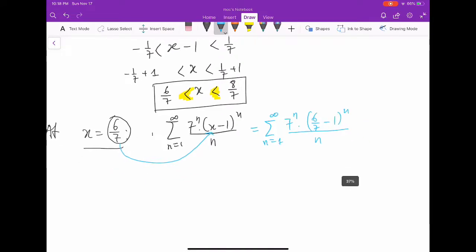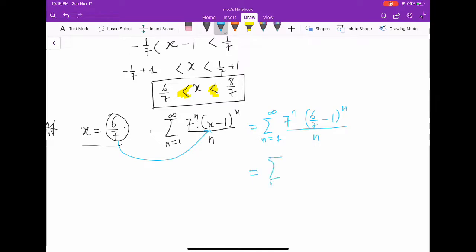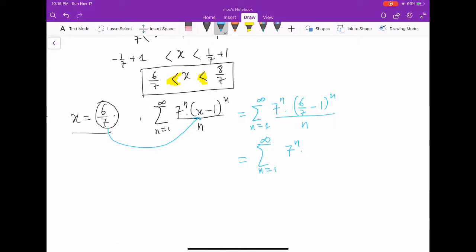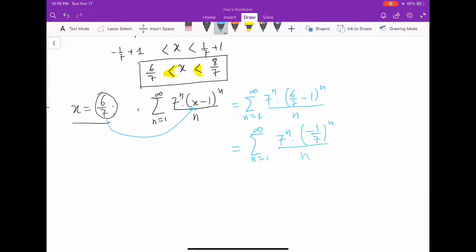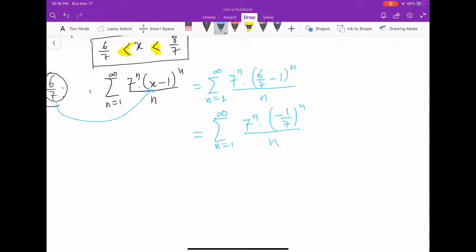Let's simplify this. This is equal to the sum from n equals 1 to infinity, 7 to the n, and 6 over 7 minus 1 is negative 1 over 7, to the n, over n. Let's simplify this series. Another factor can be written as negative 1 to the n divided by 7 to the n, everything divided by n.